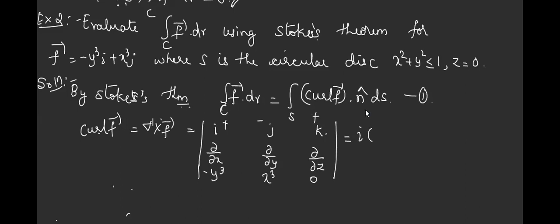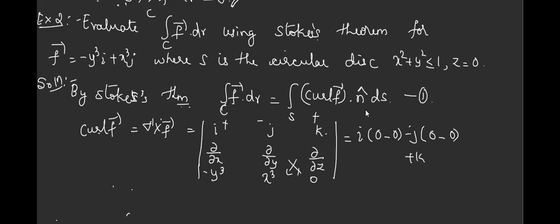What is the derivative of 0 with respect to y? 0. What is the derivative of x cube with respect to z? 0. Again, j. What is the derivative of 0 with respect to x? 0. What is the derivative of minus y cube with respect to z?